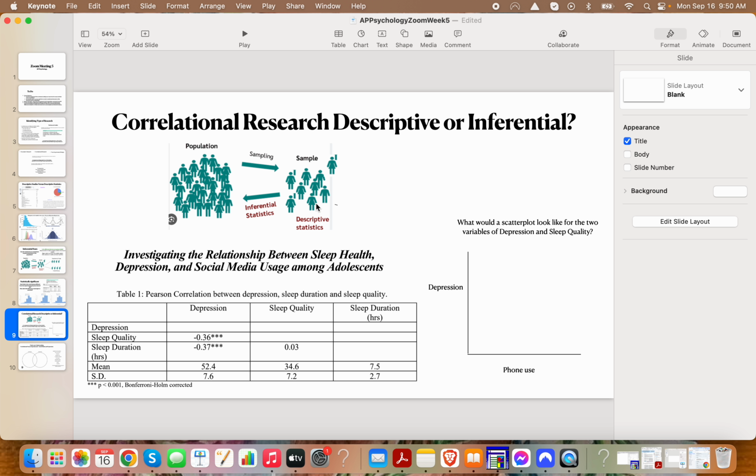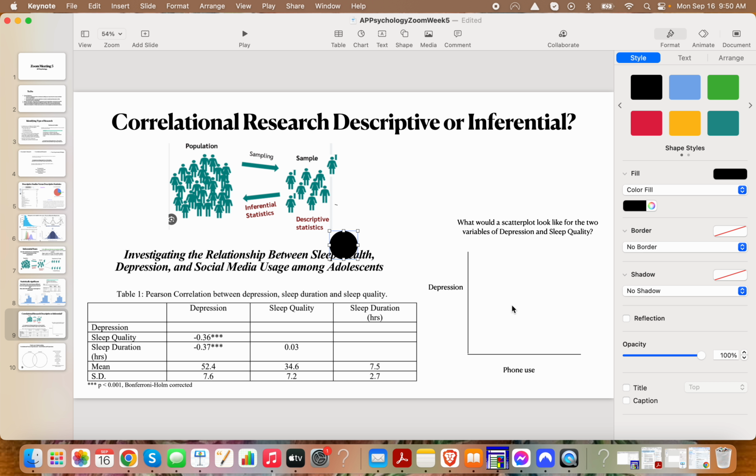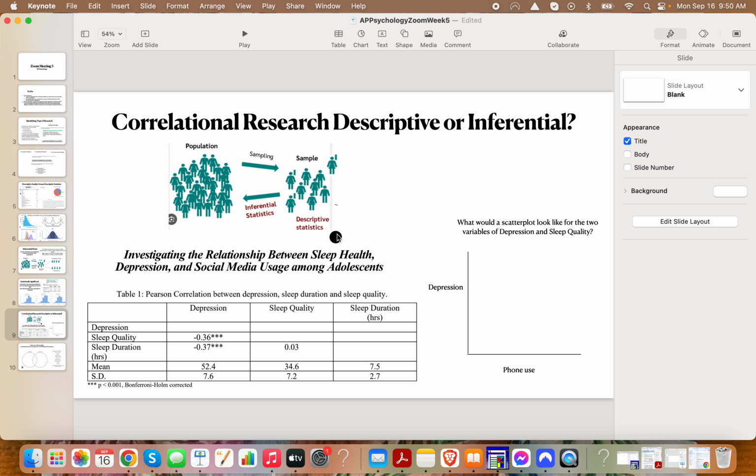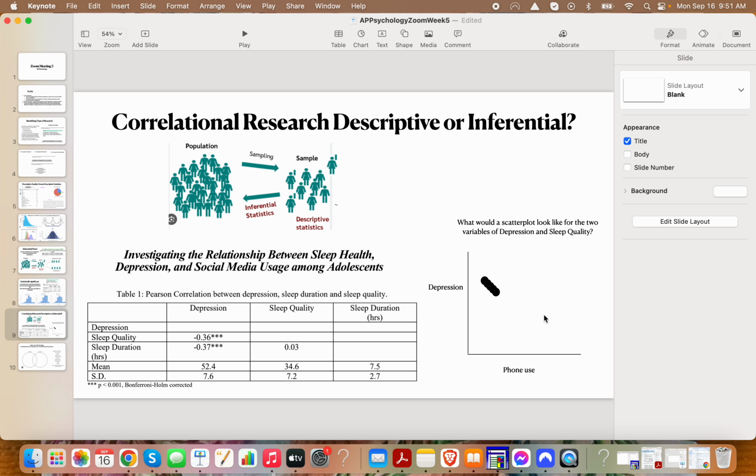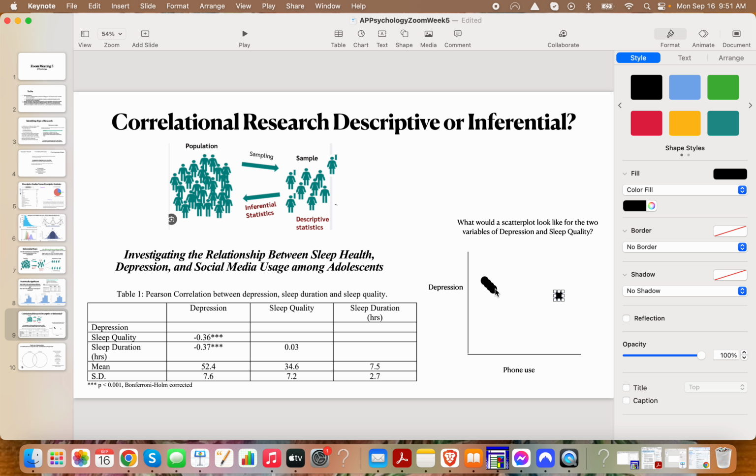What makes this descriptive is if I take my population of teenage girls and I sample them, and I'm just going to start getting data points. Each one of these dots is a data point: how much phone use girl number 1 has, and her rate of depression. We're going to think there's a negative correlation here. I have another girl here.